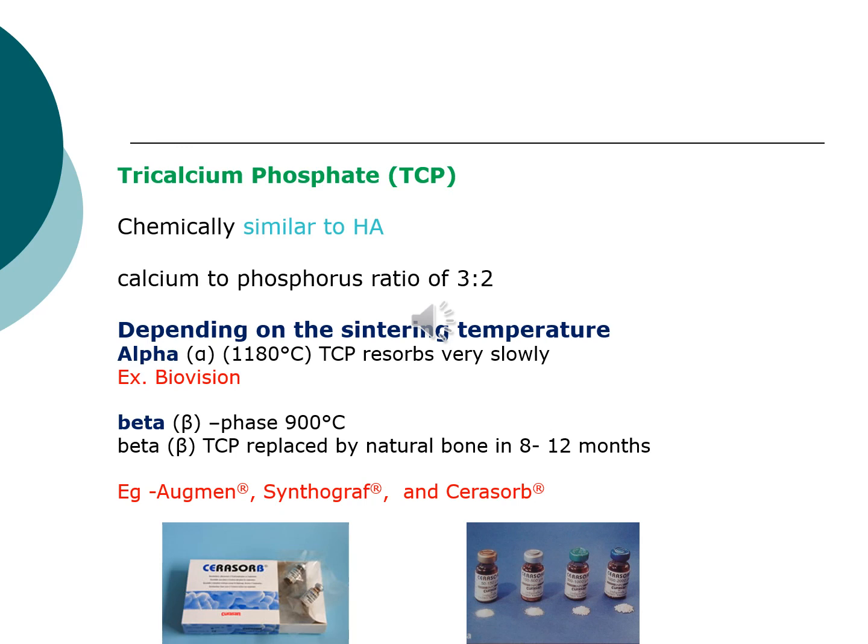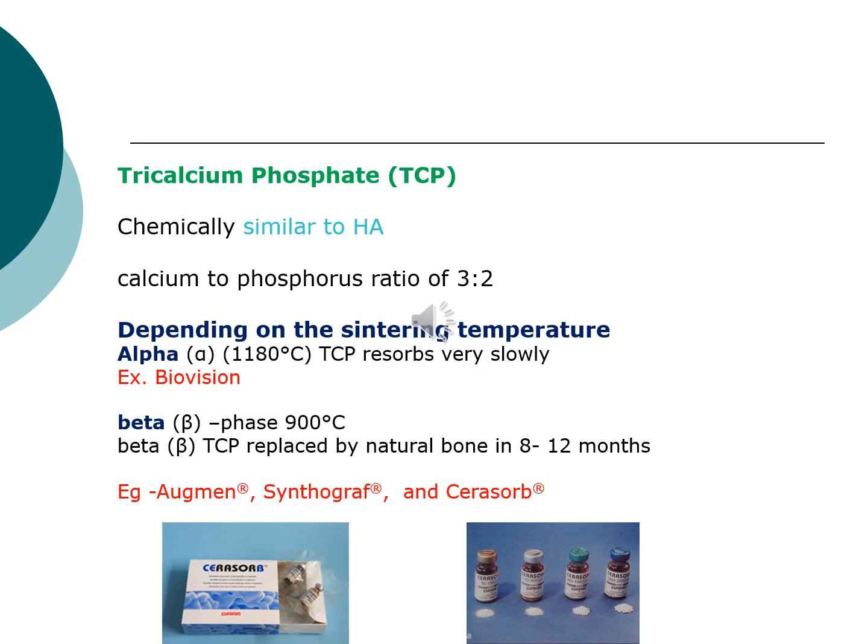Next we have tricalcium phosphate. Its chemical structure is similar to hydroxyapatite, and the calcium to phosphate ratio is around 3 to 2. Depending upon the manufacturing sintering temperature, there are two types of tricalcium phosphate, alpha and beta.